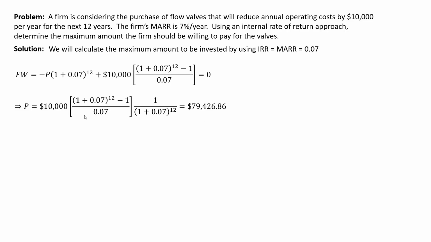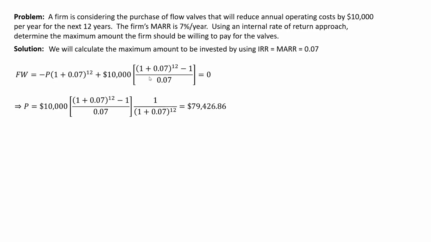Just for your own sake, take this 0.07 to be i, as if you don't know it. Change this P to 50,000 and see what i will turn out to be. That i will turn out to be greater than 0.07. So that means investing less than this 79,000, by all means, if you're still getting the same $10,000 per year for the next 12 years, of course you go for it.